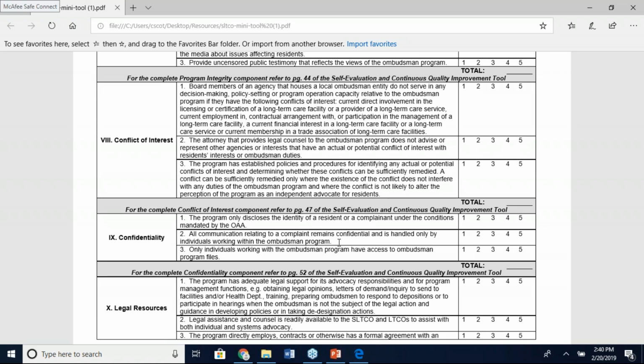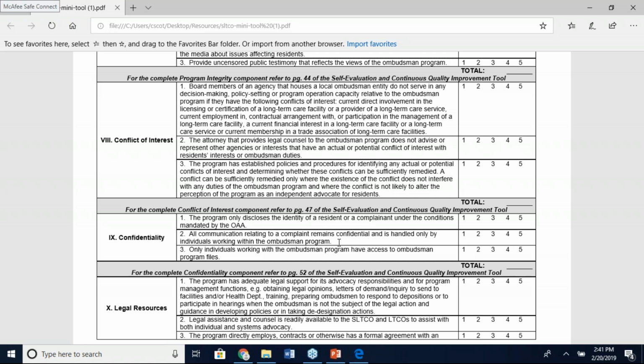I realize this is subjective and it's me making those decisions, but I was glad to see some solid improvement there. The real reason I did well is that I have good policies and procedures in place, and my local ombudsman have been trained on those policies and procedures, I've got lots of evidence that they're following those procedures, and I feel like we have good communication between our office, state office, and the local programs on these issues.